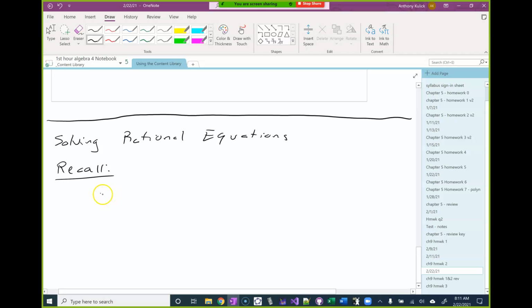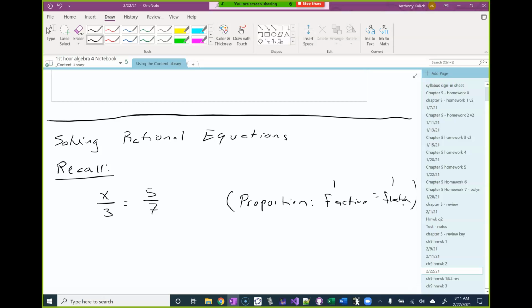So let's start with equations. This type of problem is called a proportion. It's where you just have one fraction equal to one other fraction. This was something that you would have solved last year in your geometry course.